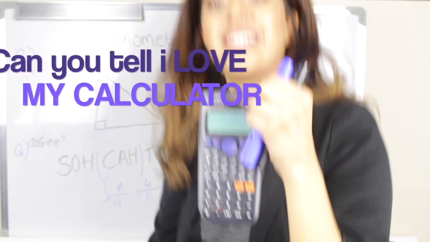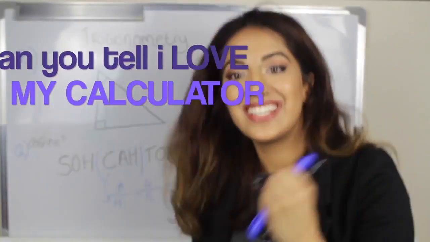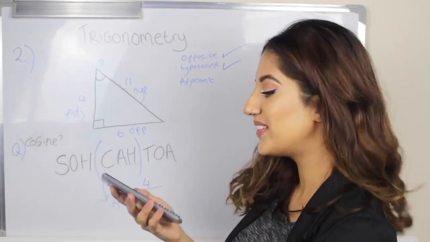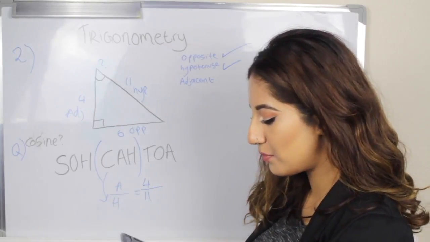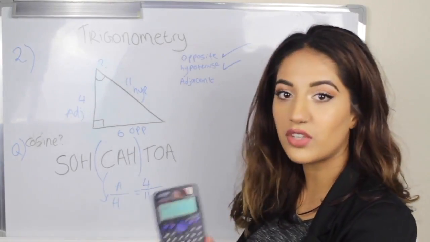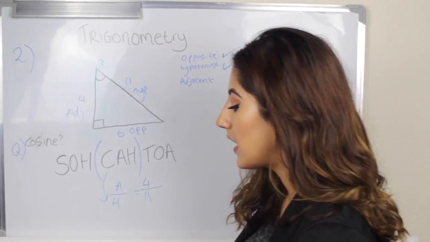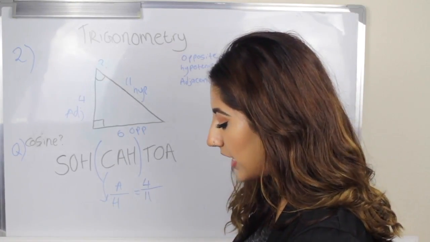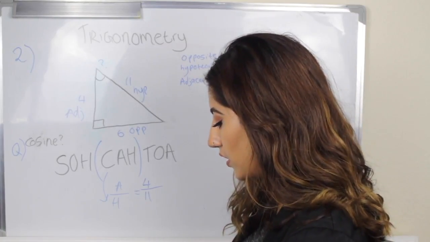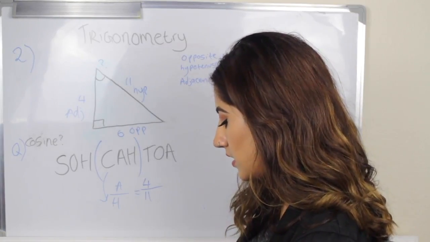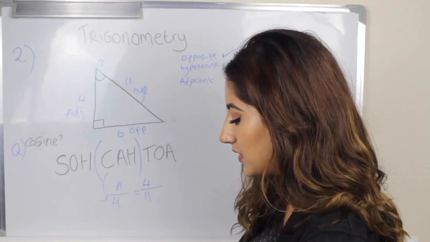Now back to our calculators again. So you press shift. This time you press cosine. Don't press sine like we did last time because obviously it's a different question. Again, it opens up the bracket, so it is 4 over 11 and press the equal sign.